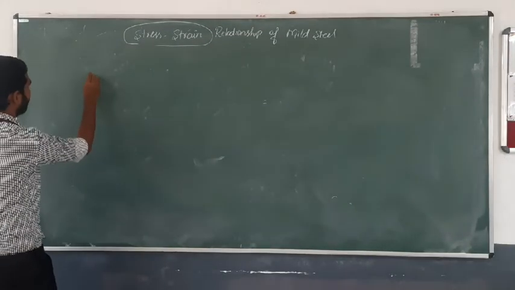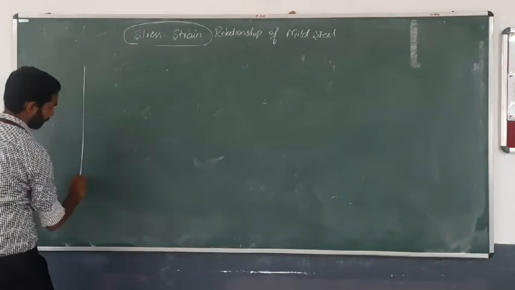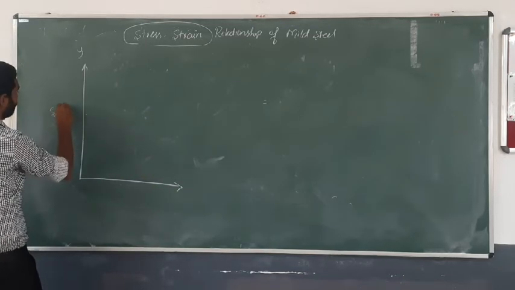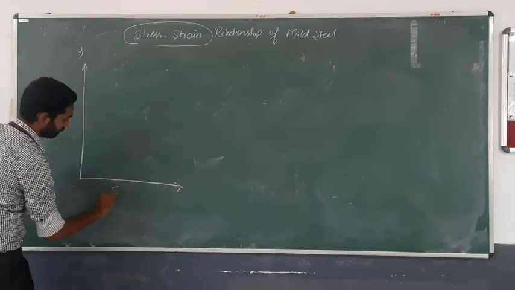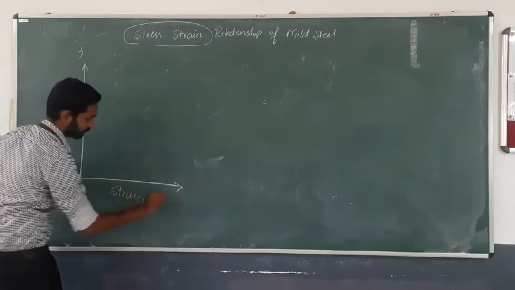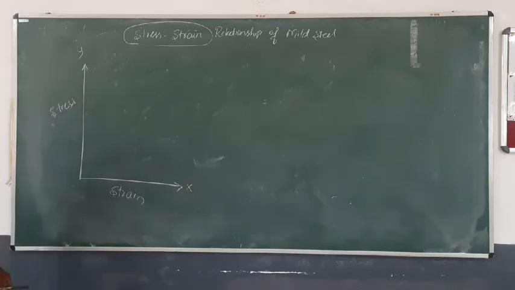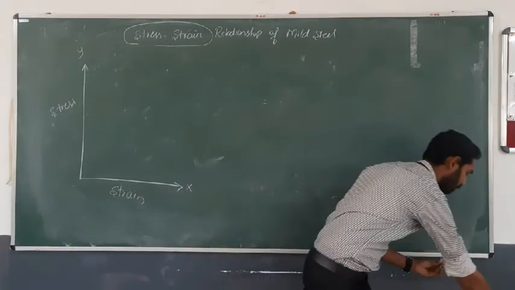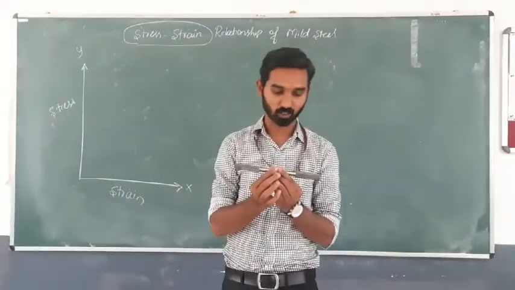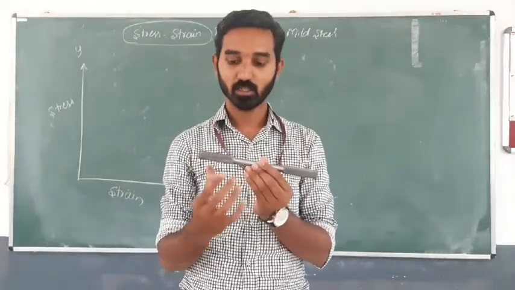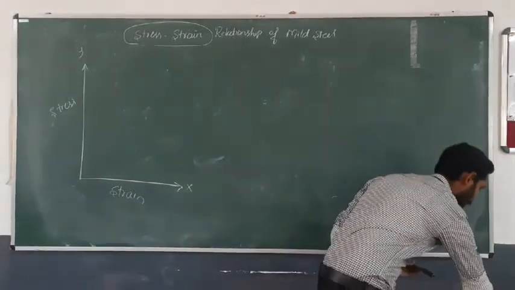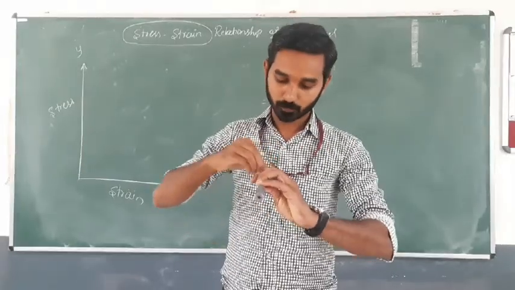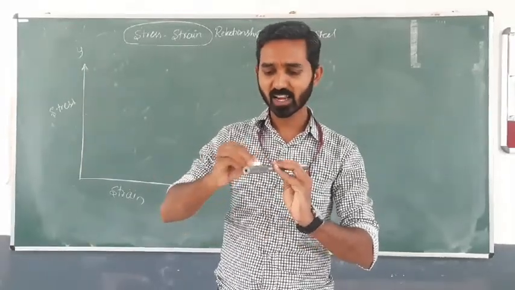Here I will plot a graph. The Y-axis I have taken as stress, and the X-axis as strain. Some modifications need to be done for this specimen, because usually at both ends, say end A and end B, there is a hatched portion.